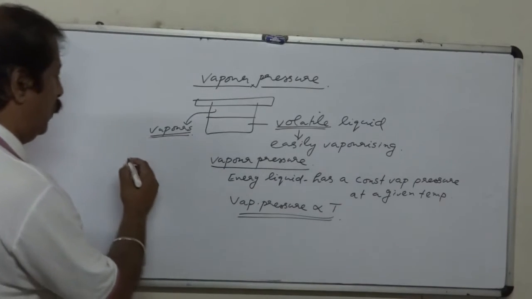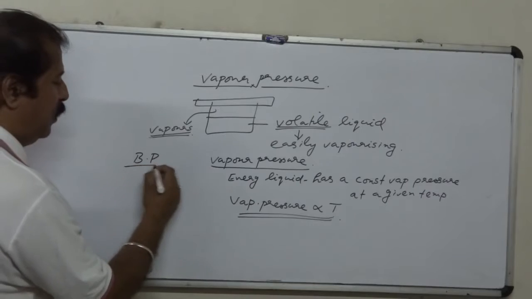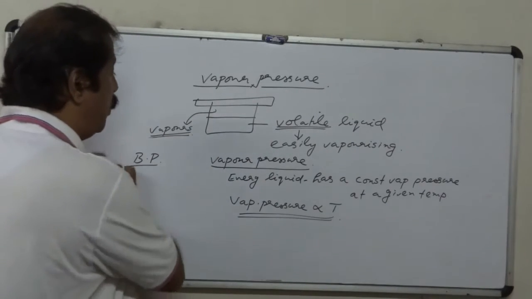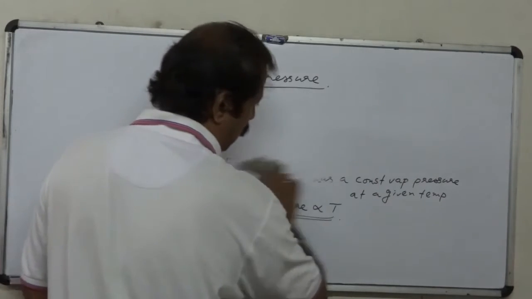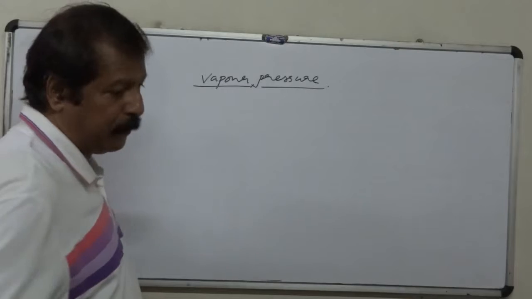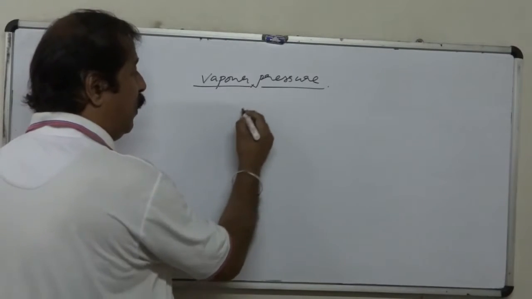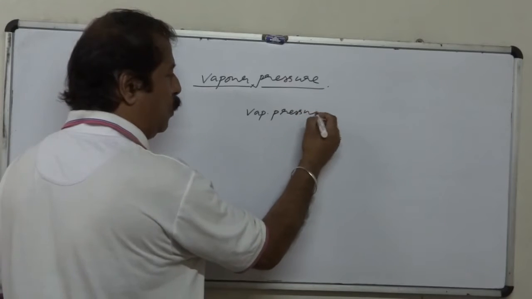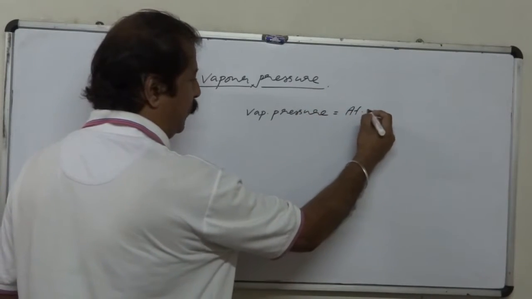Again, what is boiling point? What is meant by boiling point? The temperature at which a liquid is converted into vapor state. And at this temperature, the vapor pressure becomes equal to atmospheric pressure.